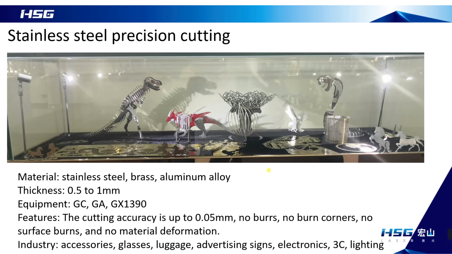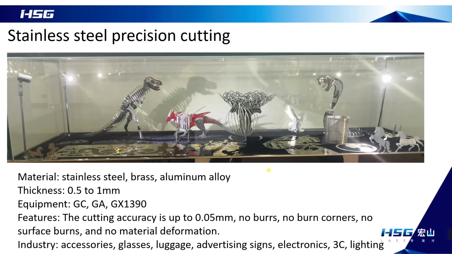Cutting equipment used is GC, GA, GX, 3090 equipment for cutting. Its main feature is the accuracy, which could reach 0.05 mm, and the effect is no burrs, clean. Holes are extremely small and dense.